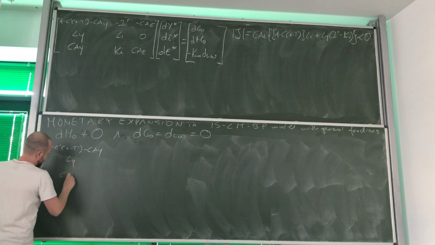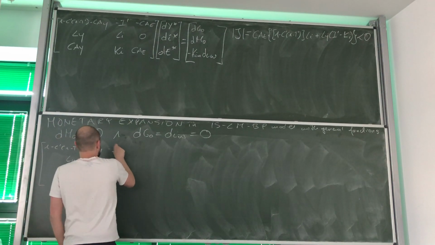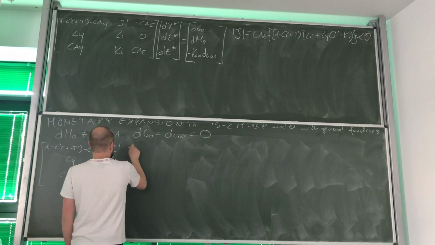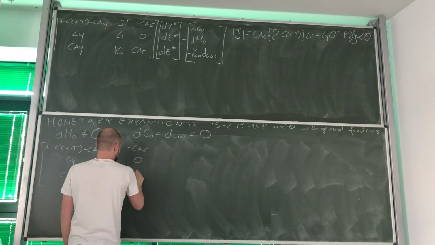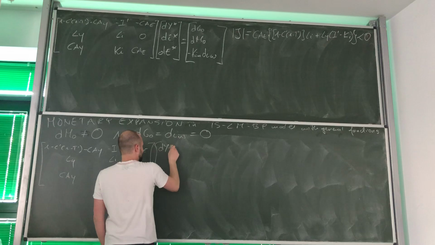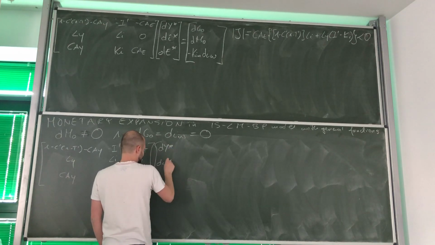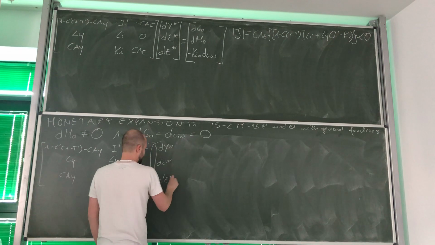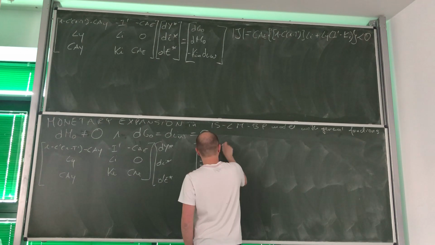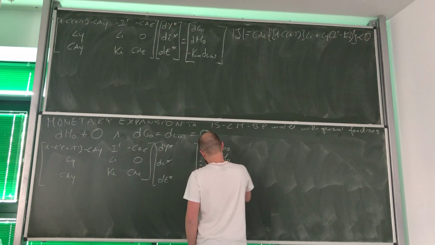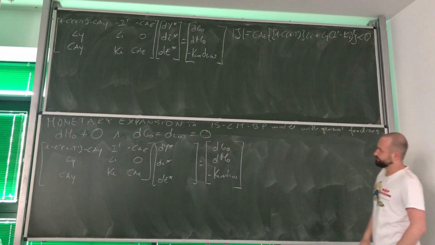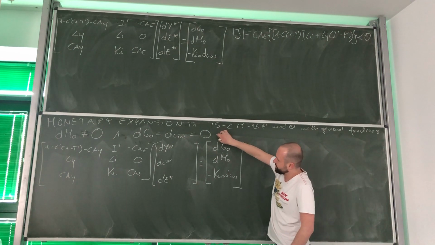Y, C, A, Y, negative I prime, L, I, K, I, negative C, A, E, 0, C, A, E, D, I, D, I, D, E, and of course, here we have D, G, 0, D, and 0 minus K, I, W, D, I, W. Okay, now let's again start with this.